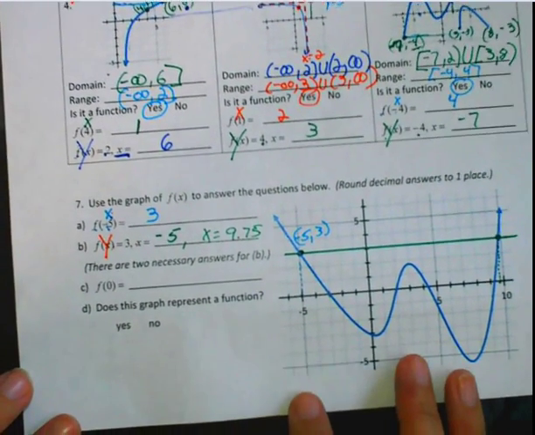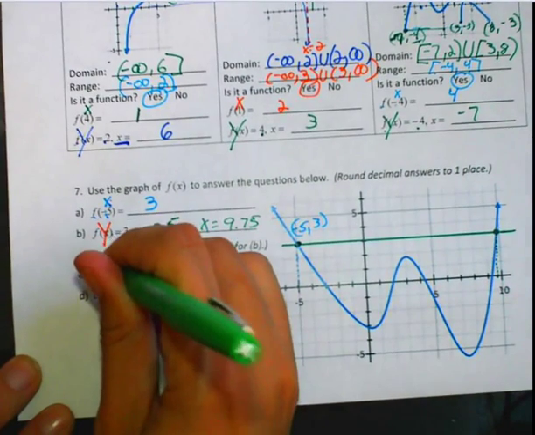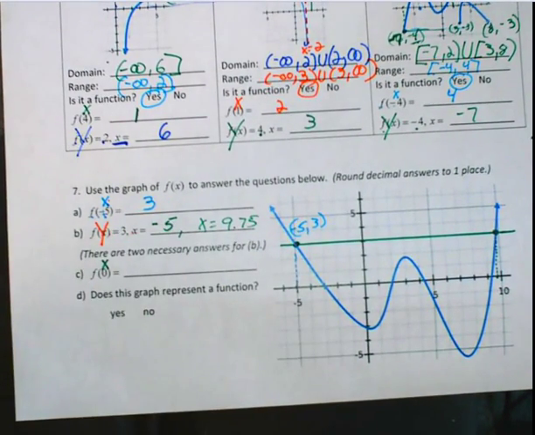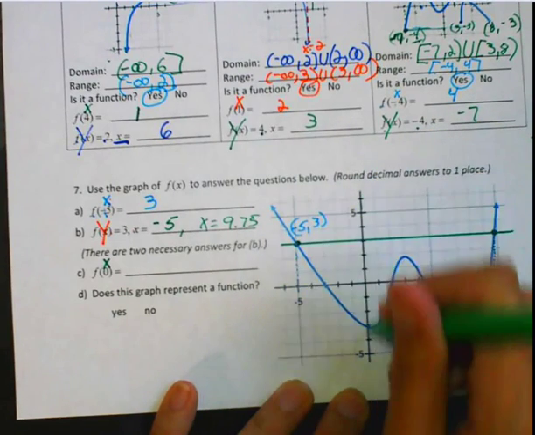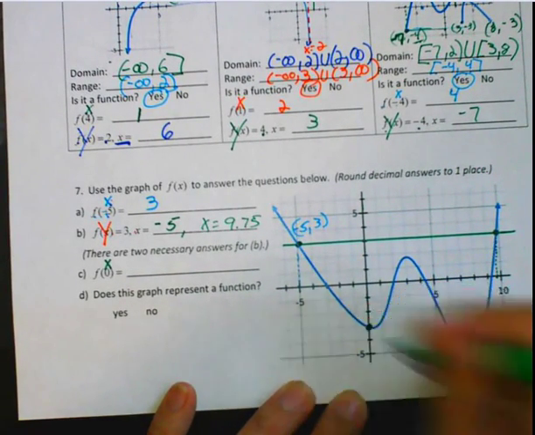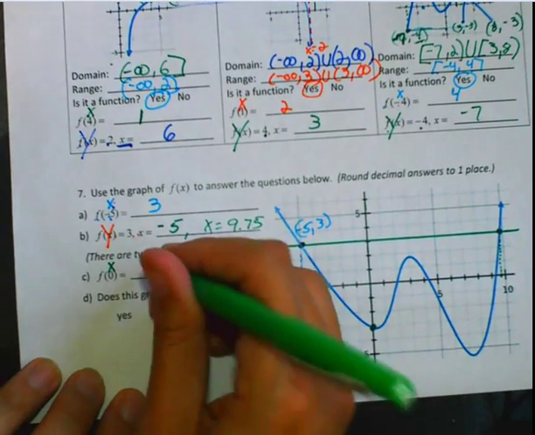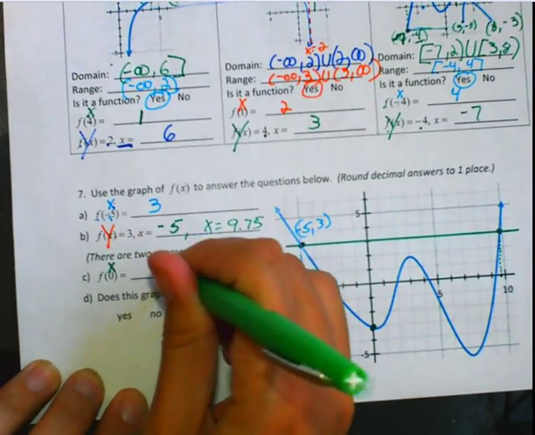All right, let's look at the next one. We have f of 0, which means that x is 0. I want to know where x is 0. x is 0 on the y-axis. So this right here is where x is 0, and that value would be about -3.1.